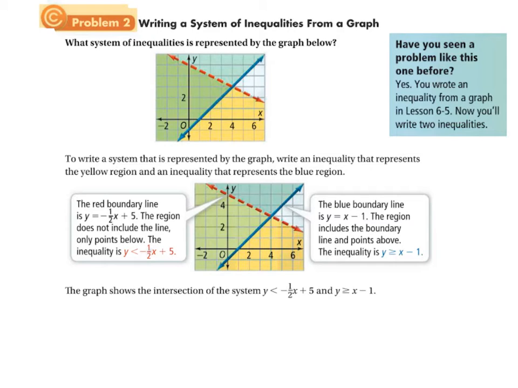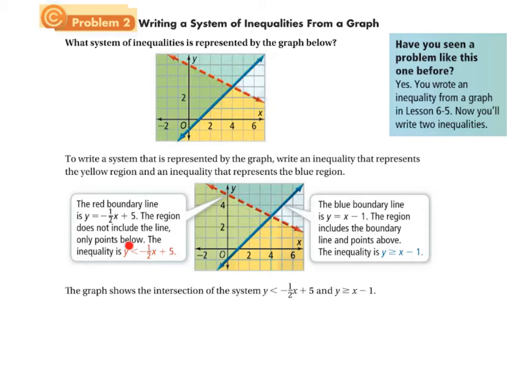We look for, well, let's say this yellow region is for the red line, and this blue region is for the blue line. So the red boundary line is y equals -1/2 x plus 5.